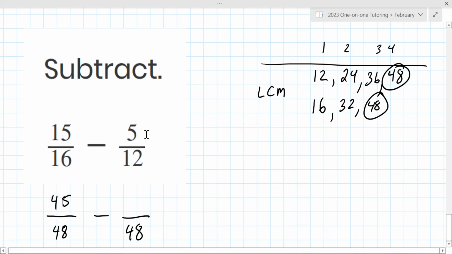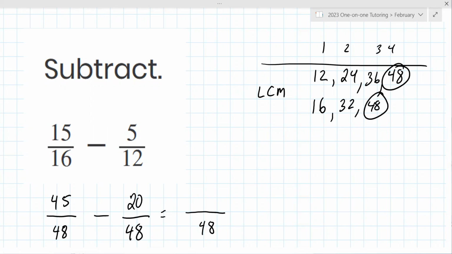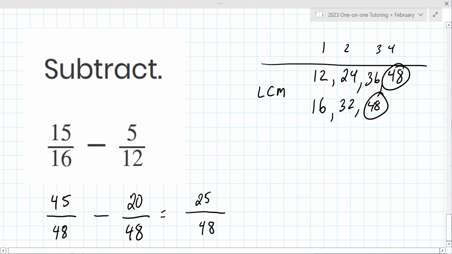What will you multiply the 5 by? 4. Okay. 5 times 4 is 20. So tell me what the result is when you subtract 45 minus 20. 25 over 48. Okay.